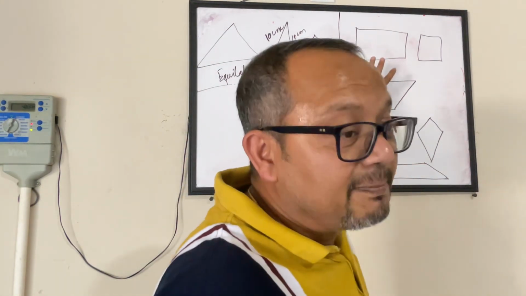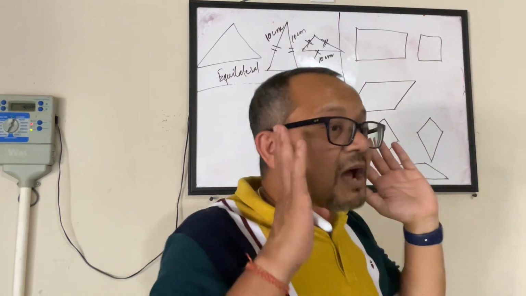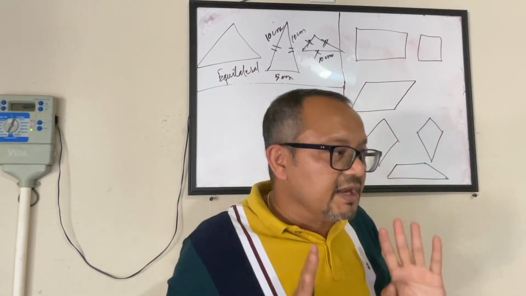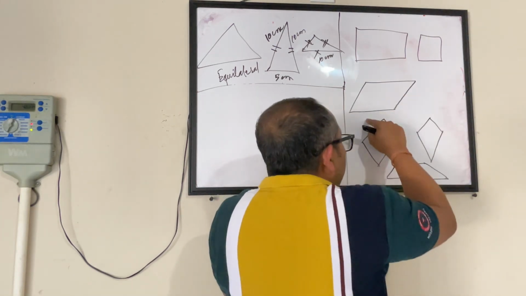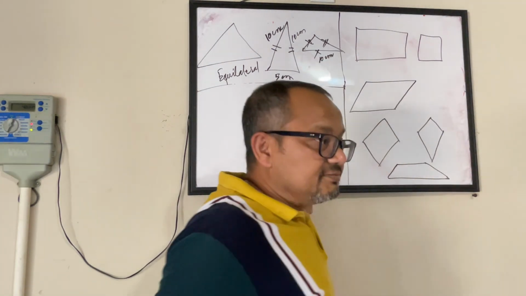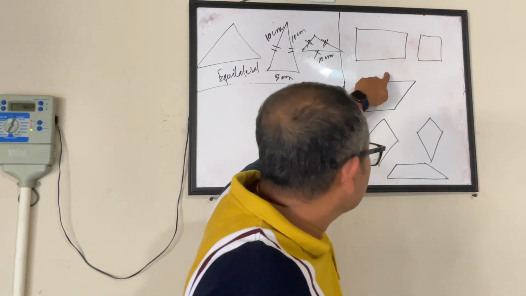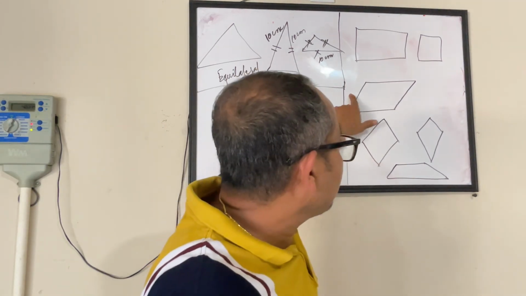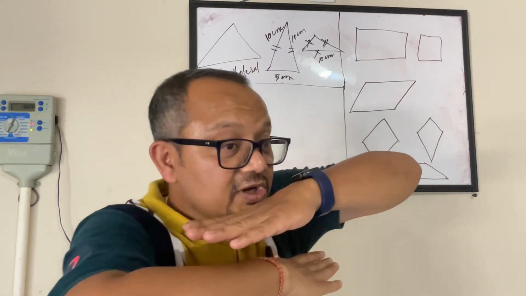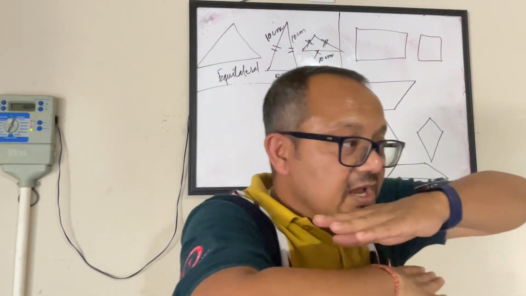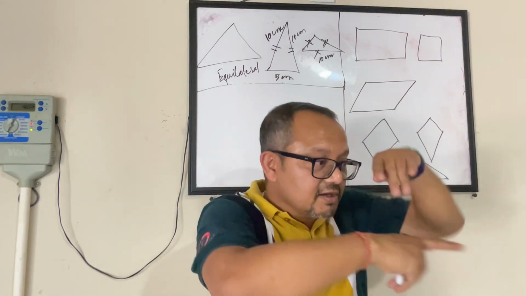So here, when we say parallelogram is a quadrilateral, meaning it's a shape with four sides, and the opposite sides are equal and parallel. This side and this side are equal. This side and this side are equal, and they are parallel. Do you know what parallel lines mean? You had gone to India.